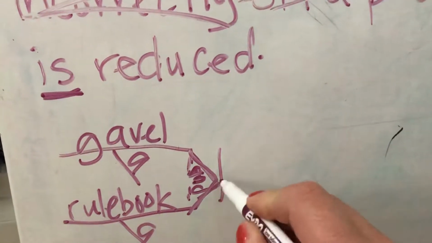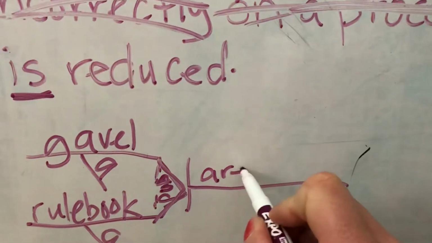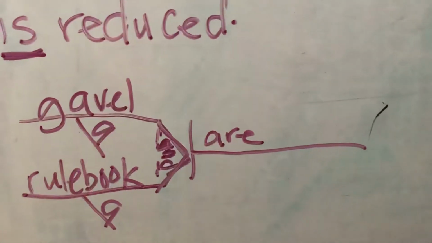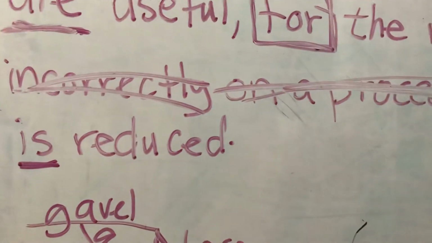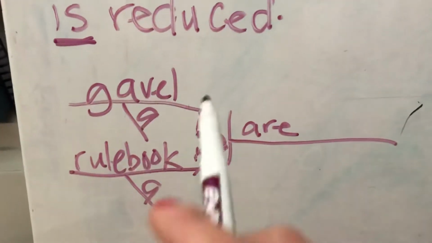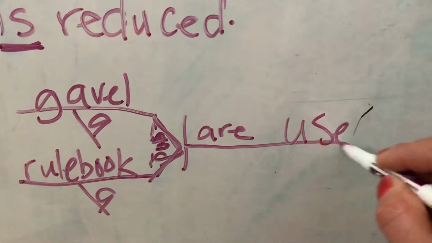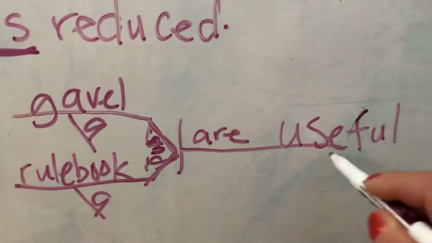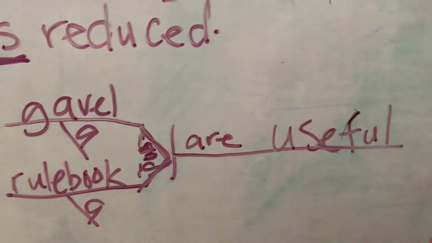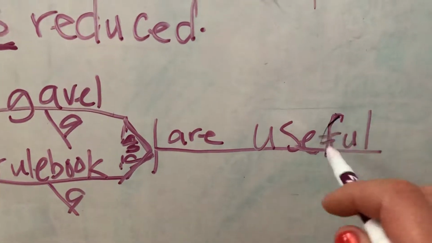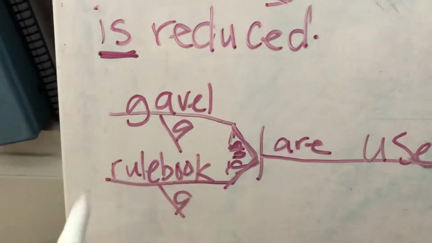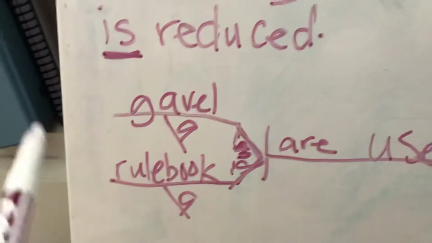And then we have the verb, which is "are." Now, this kind of verb would be called a linking verb, because it is linking to "useful." Linking verbs are usually to be: am, is, are, was, were, okay? Those are linking verbs. Now, this is an adjective that's describing the gavel, like you could say a useful gavel, a useful rulebook.